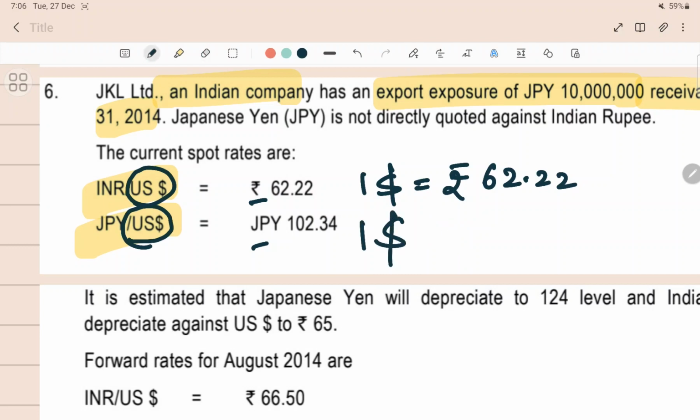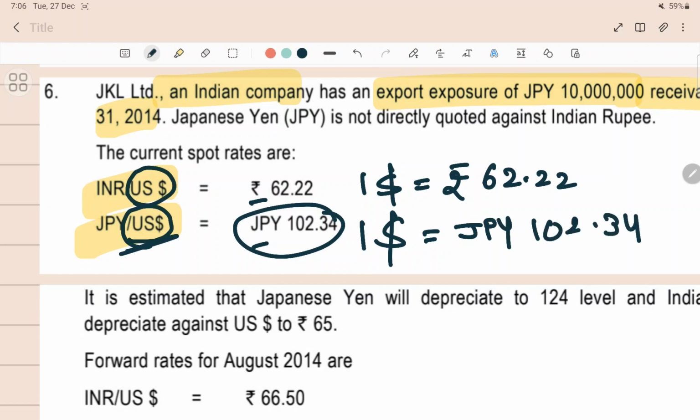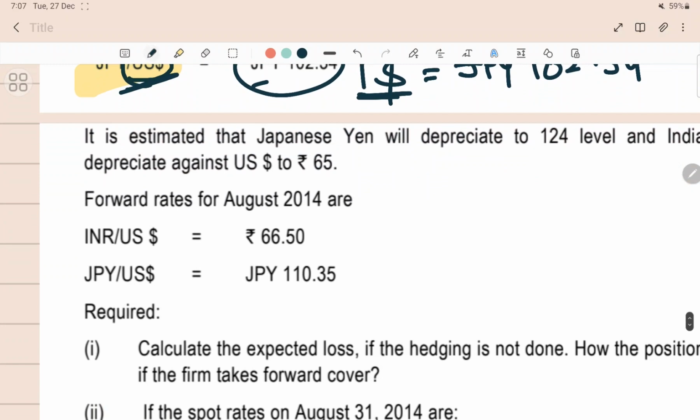So $1, because dollar is the standard currency, is equal to yen 102.34. Hence it's a direct dollar quote. So this is $1 is equal to JPY 102.34. This is how you interpret the quotes and write it down this way, so you get an idea what it is. Okay, then we further get on to the question.